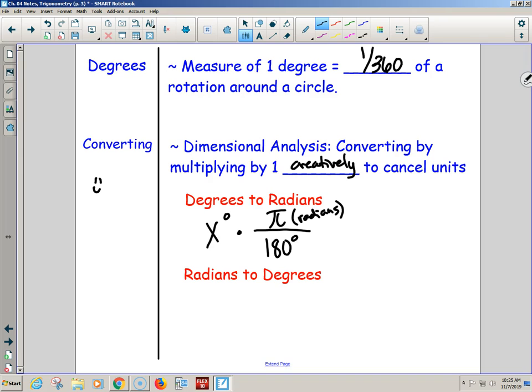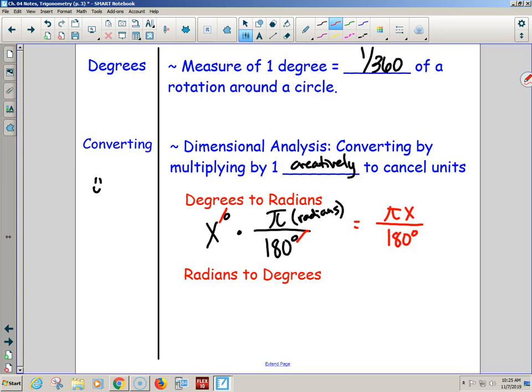Pi is not a label. Pi is a number. But we'd have to multiply by, well, pi is equivalent to 180 as far as measurement goes, so what happens to my little degree marks? Got rid of what I don't want, and I end up with pi times x all over 180. X being whatever degree it is you're trying to convert.